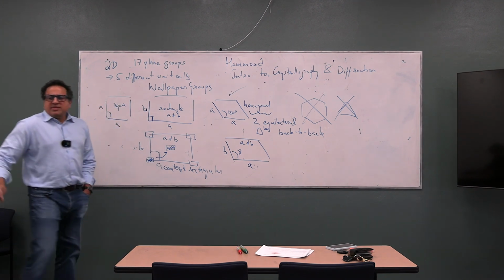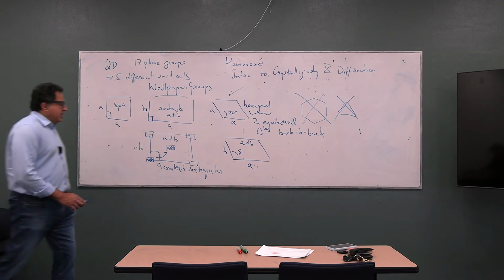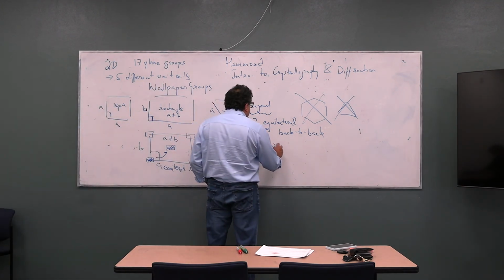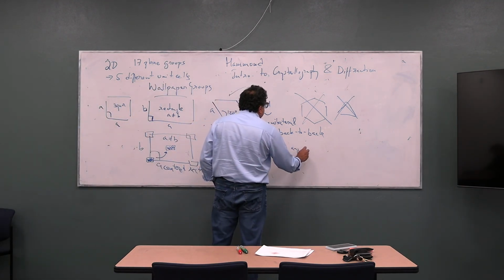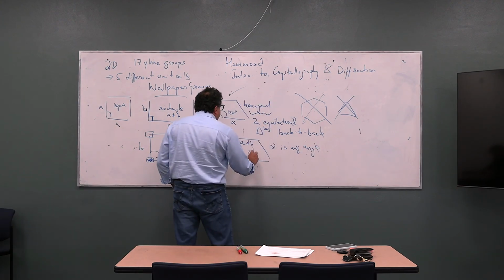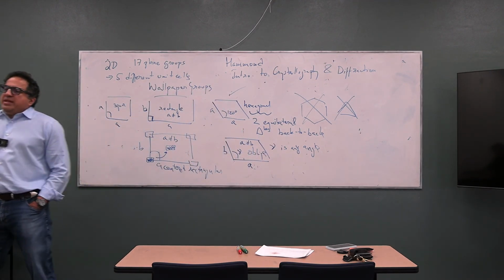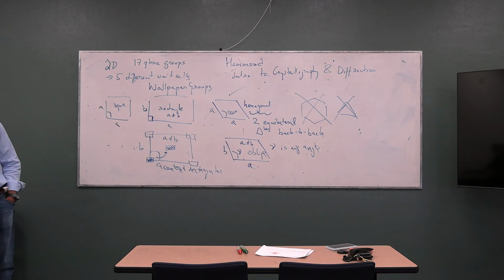Gamma not equal to 60, not equal to 90 or 120. Gamma is any angle. And this is called an oblique cell. Do you agree that the oblique cell basically covers all the other kinds of cells, right? The oblique cell is basically the Ur cell. Any two-dimensional system can be expressed in the oblique cell.